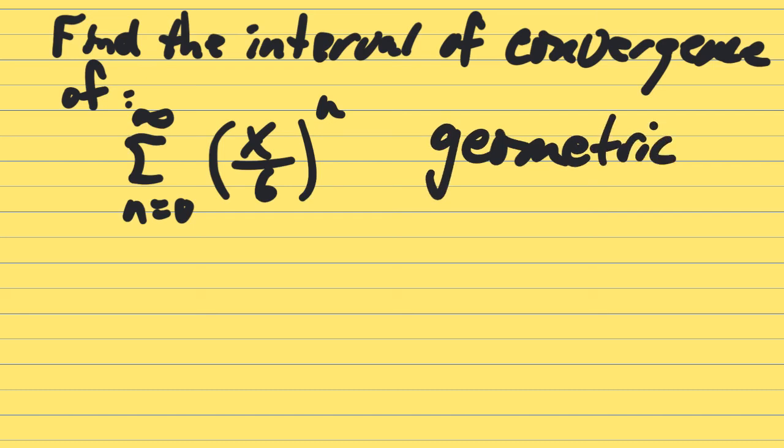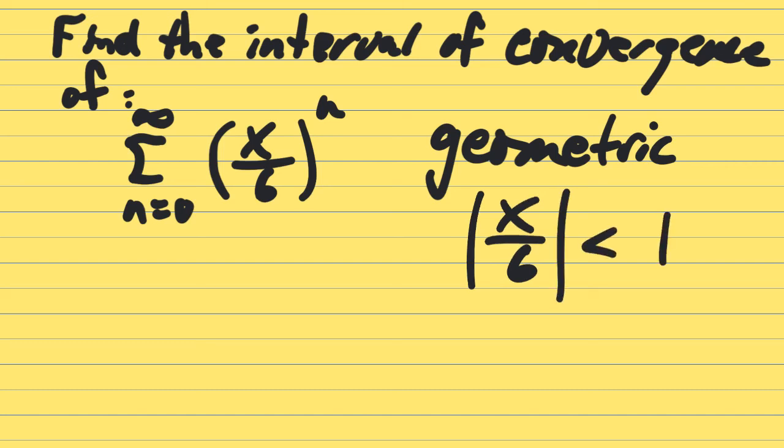So we actually don't have to put this one through the ratio test like we did the first couple. As long as the absolute value of x over 6 is less than 1, it's going to be convergent. And again, that's because of geometric series.